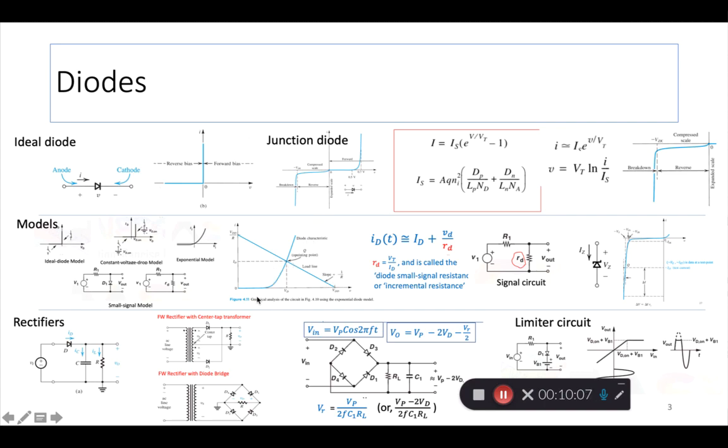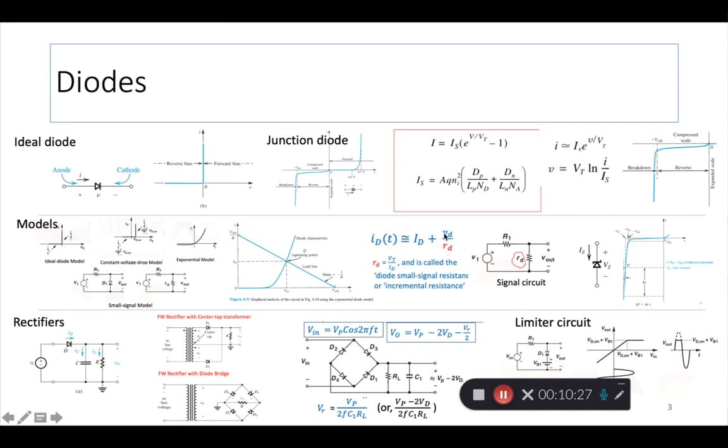In this case, it's a diode. We use the same approach for BJTs and FETs also, MOSFETs. But in this case, we have a diode characteristic and a load line, and where they intersect is called the operating point.